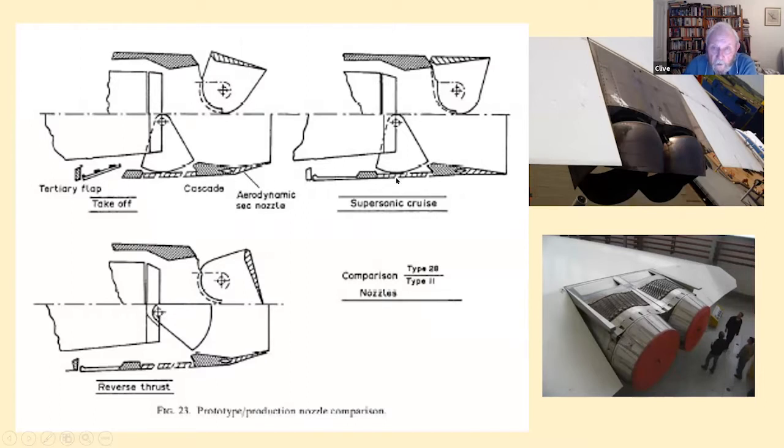The prototype nozzle started off with reverser buckets, a straightforward ejector nozzle, but with blow-in doors to cool the engine vanes. Thrust reverse was these buckets came across and it was exhausted through this grid or grill.